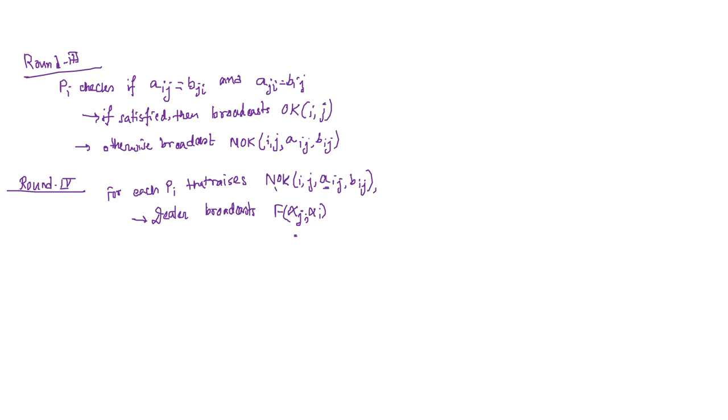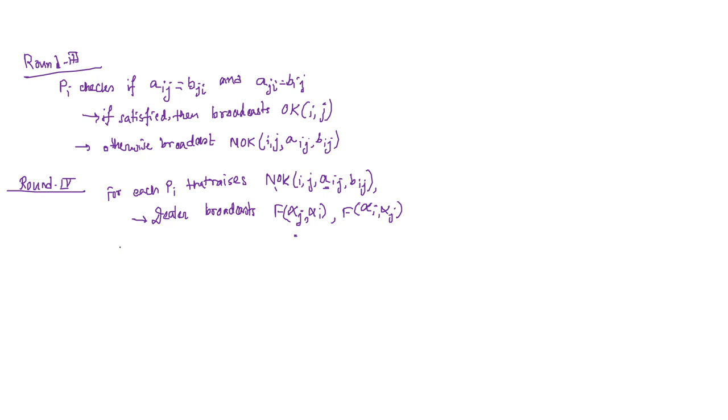So now the public checking is done whether they are equal or who is actually cheating here. And also Bij means Gi evaluated at alpha j, right? So Gi evaluated at alpha j is nothing but f of alpha i comma alpha j. So these two values are actually broadcasted by the dealer.